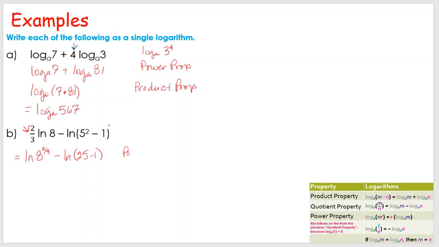And there, that was my power property. Next, I'm going to go ahead and calculate 8 raised to 2/3. So that's going to give me a natural log of 4 minus a natural log of 24.